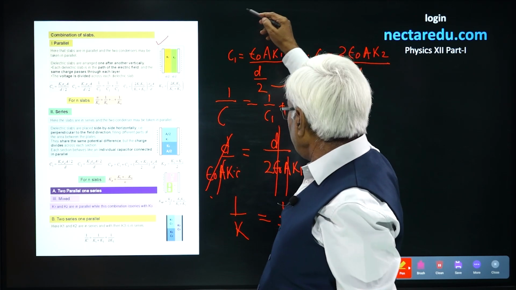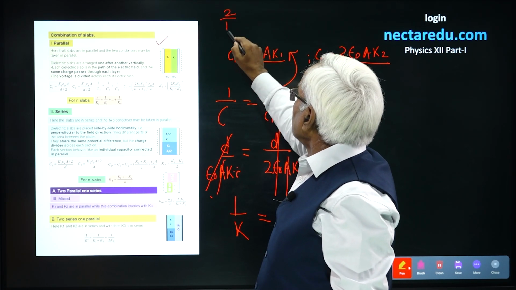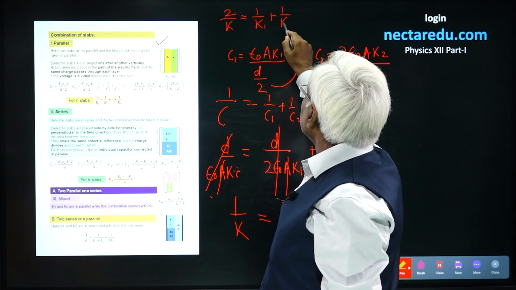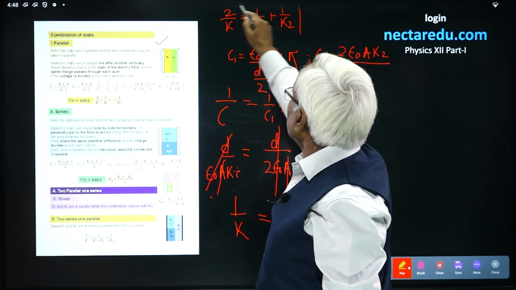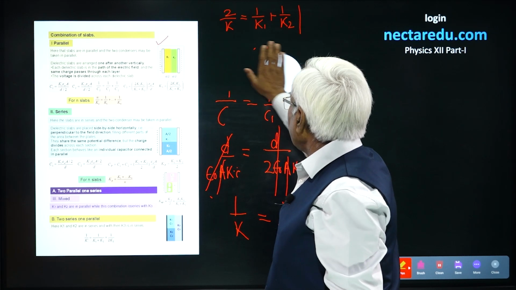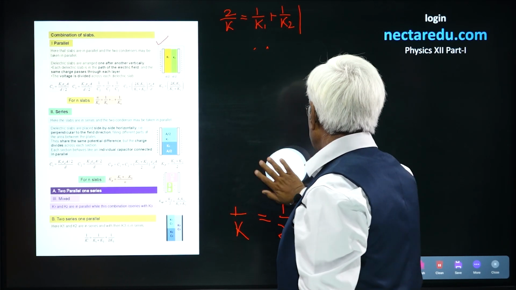This is mostly preferred in the format 2 by K, which you can generalize for n slabs of this type.